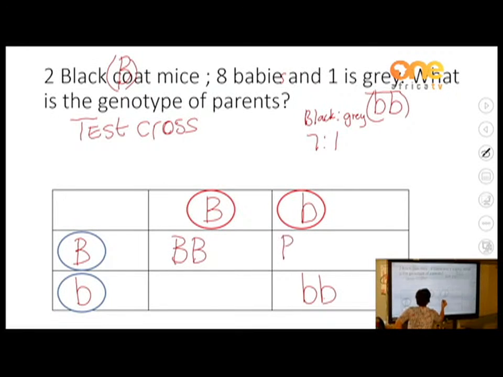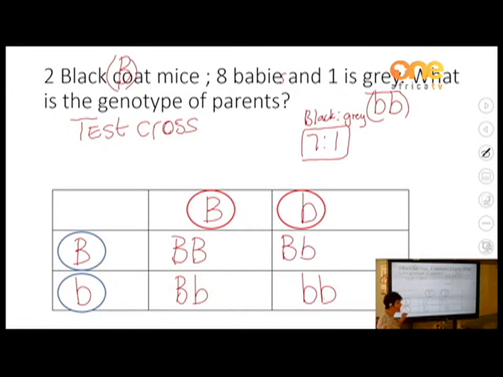That gives me 1 out of 4 will be gray, and the rest will be black. That is not the perfect ratio, but it tells me that the smallest amount is gray.